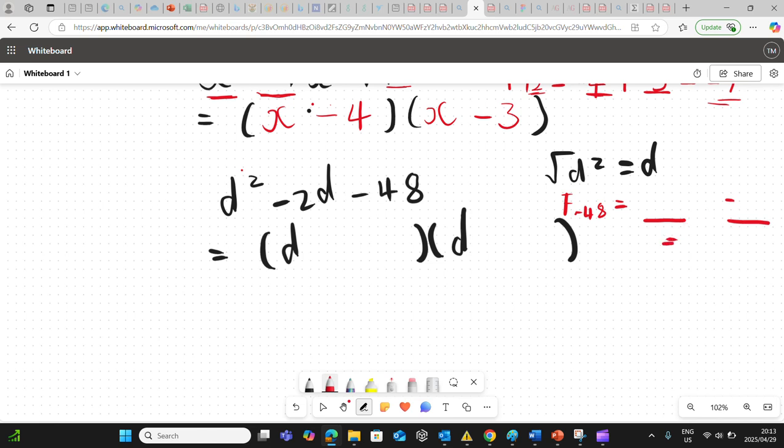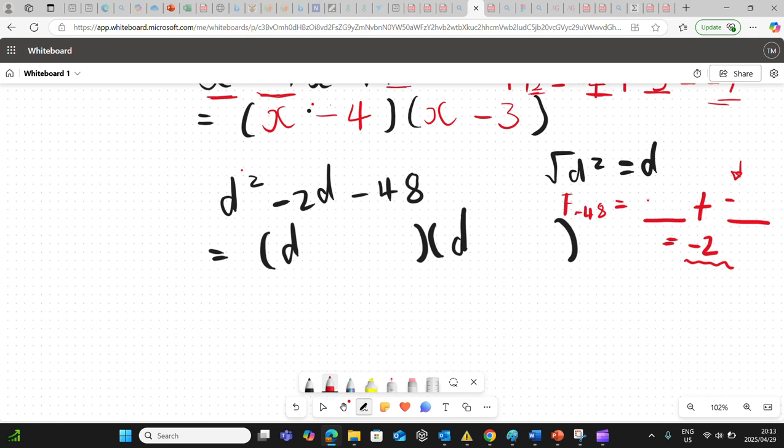And what do these factors need to do? These factors need to add to give me a negative 2. So which numbers multiply to give me 48 but add to give me a negative 2? I've been doing trinomials for a while now. I know if my middle coefficient, the negative 2, is negative, then whatever factors I find, the bigger one needs to be the negative one.